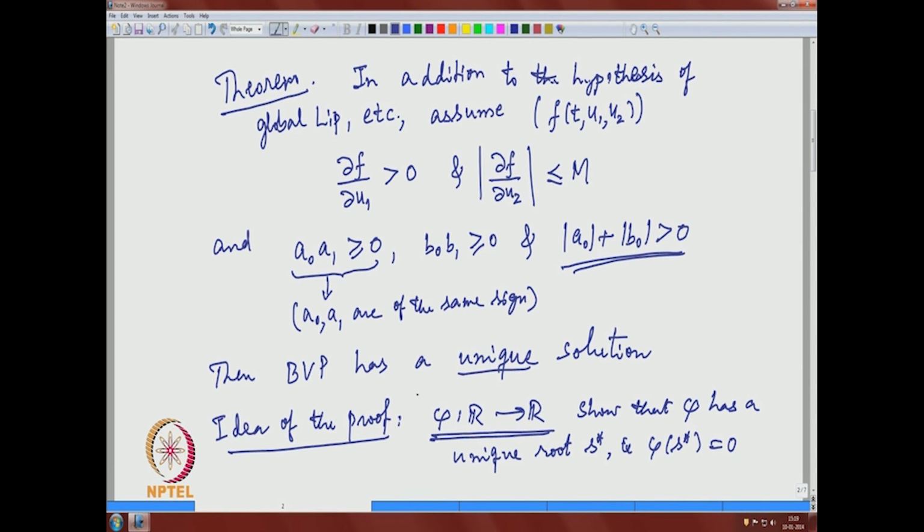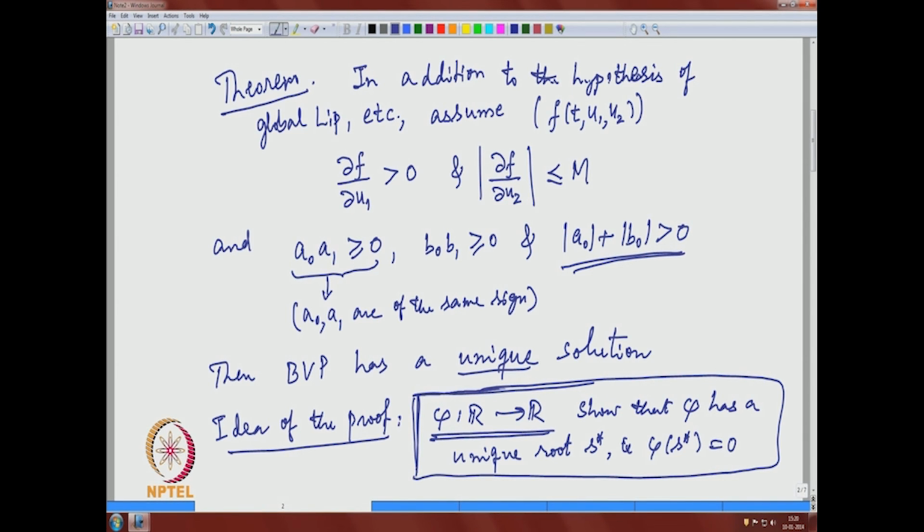So, even in the one dimensional case, we of course have several conditions. One of the conditions to have such a result in the one dimensional case is to show that this phi is a monotone function of s. So, you show that d phi by ds, okay, next time we will do that, d phi by ds is bounded away from 0. Okay.